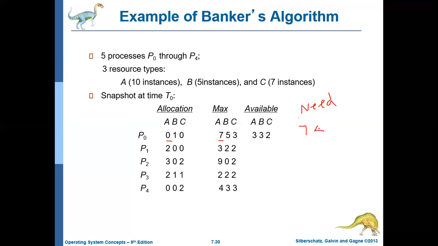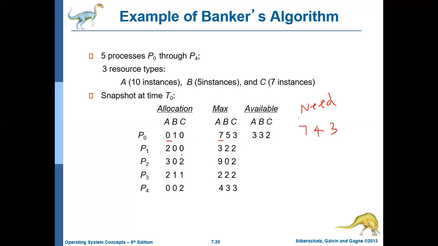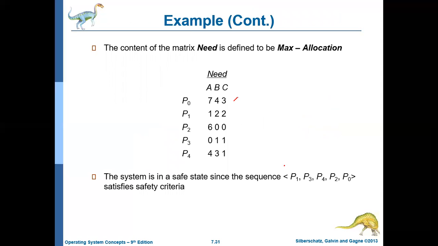It may need 4 instances of resource B. And for C, max is 3 and none is allocated, so 3 minus 0 is 3. So 7, 4, 3 will be the need for P naught. Like that, you can calculate the need for the other processes also. The need for P1 is 3 minus 2 is 1, 2 minus 1 is 1, 2 minus 0 and 2 minus 0, so it is 1, 2, 2. Like that, the need vector is calculated.